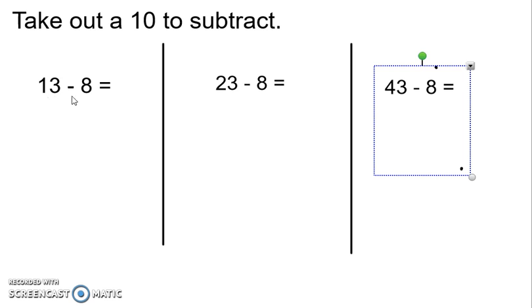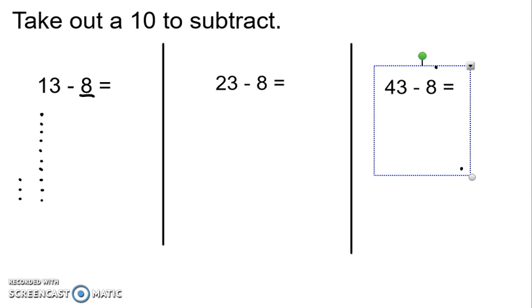So I'm going to draw 13. Again, I'm going to draw my 10 as 10 ones in the form of a rod. So there's 3, 4, 5, 6, 7, 8, 9, 10. And then there's my 10, and then 13 has 3 ones, so I'm going to go ahead and draw 3 ones. Now I'm going to subtract the 8 out of my 10.